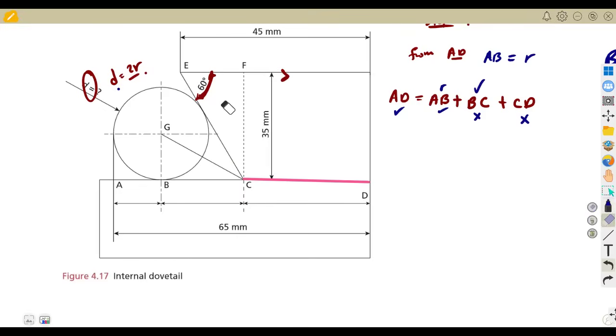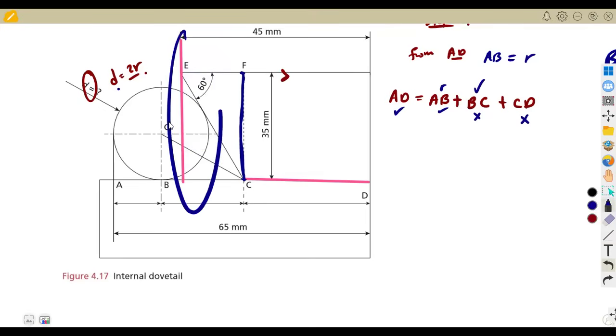All right, we can see that this is 35 millimeters, which is the same as this one, from E to C, which is 35 millimeters. But if I consider the whole of this line, if I take it straight up to this point here, you will see that this is where our 45 millimeters starts from.